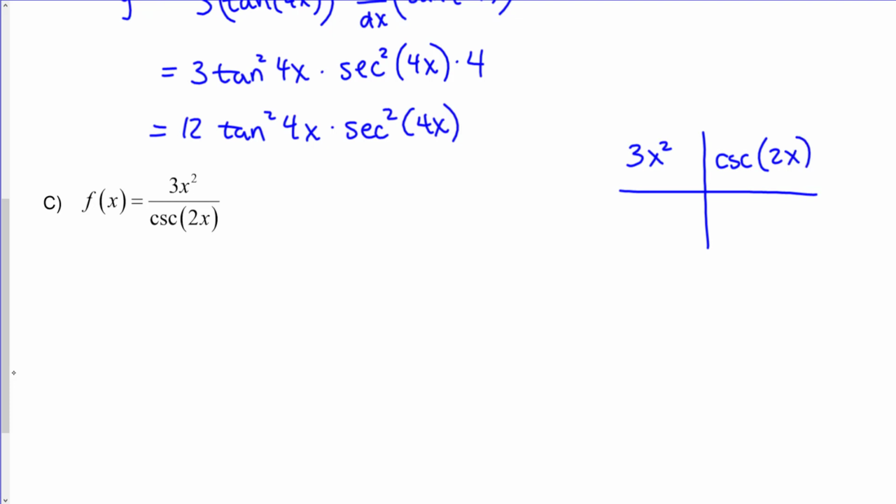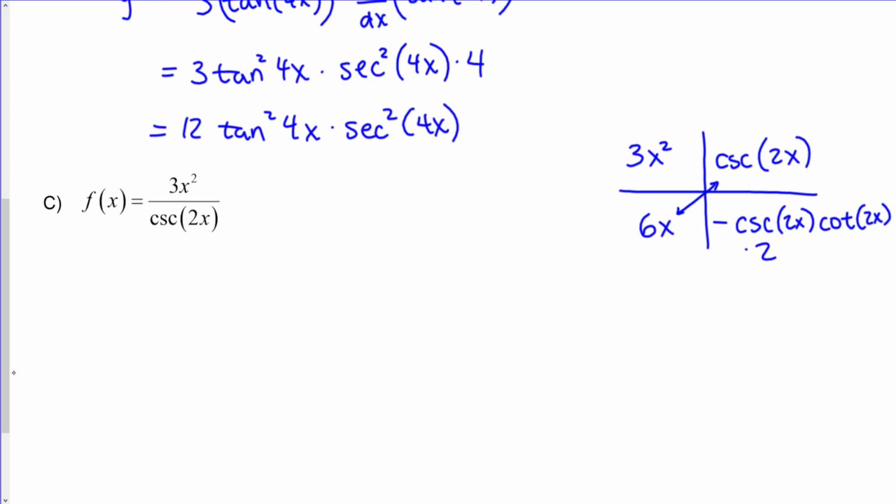Now the derivative of 3x squared, I can just use the power rule to get that. That's going to be 6x. The derivative of cosecant is negative cosecant of u, go ahead and write that in, cotangent of u times du. So in the end I have to multiply by 2. Just ran out of space on screen.